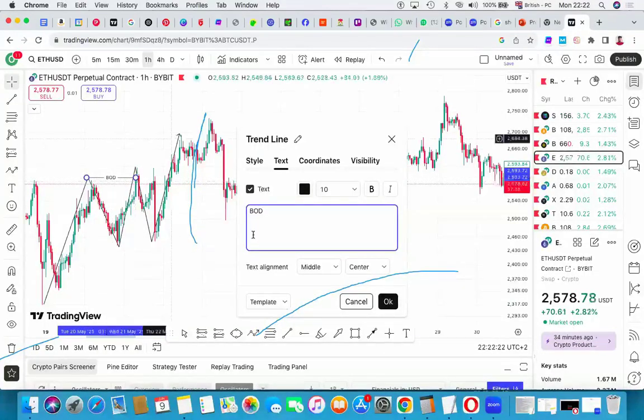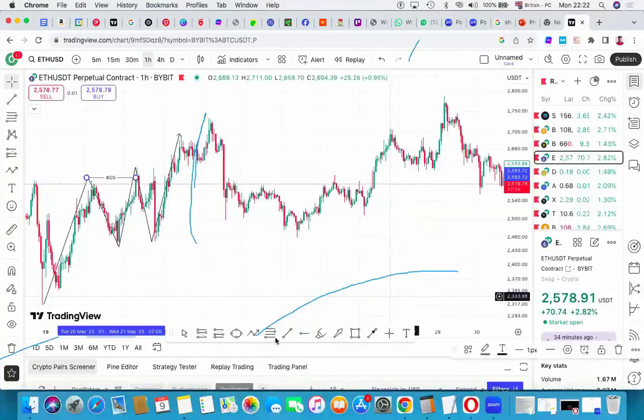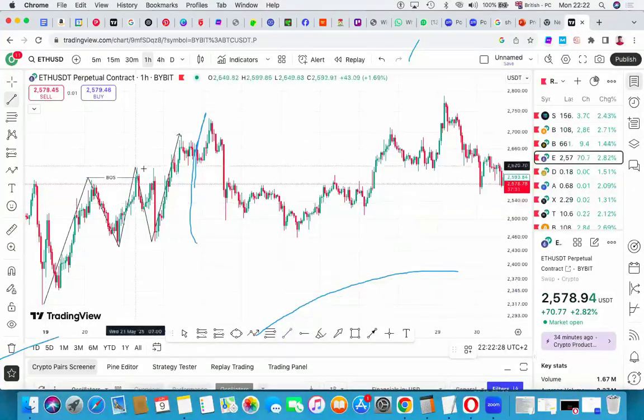BOS, and there's this slight move here around here.